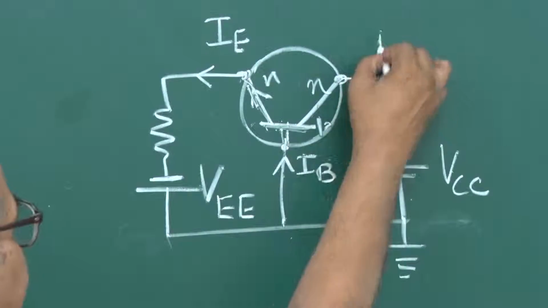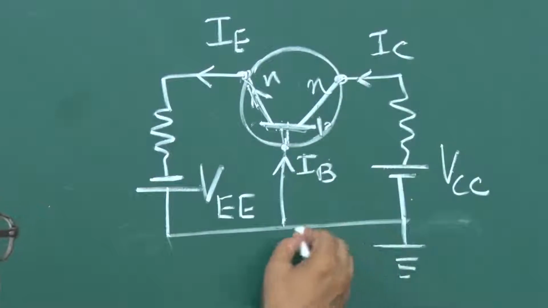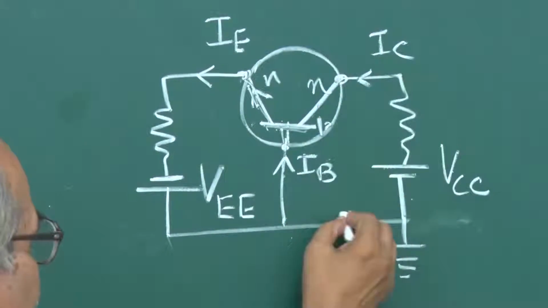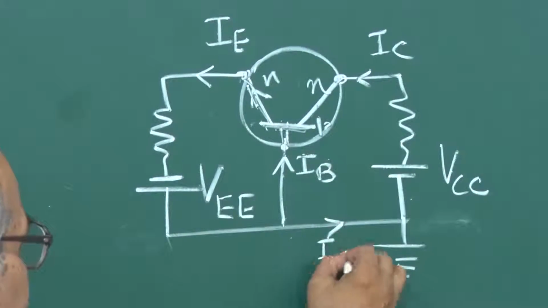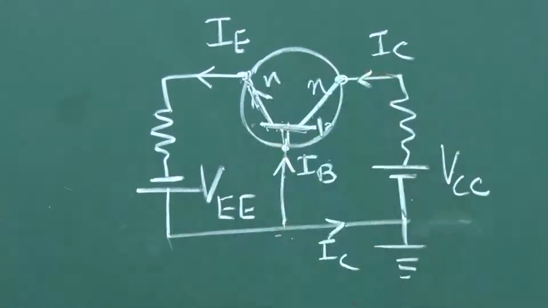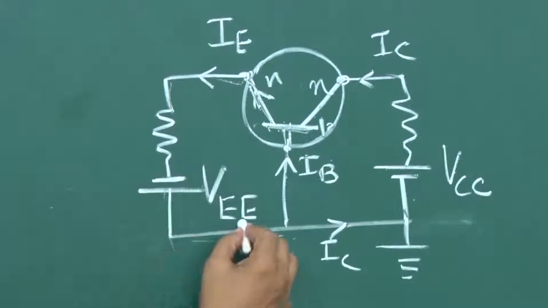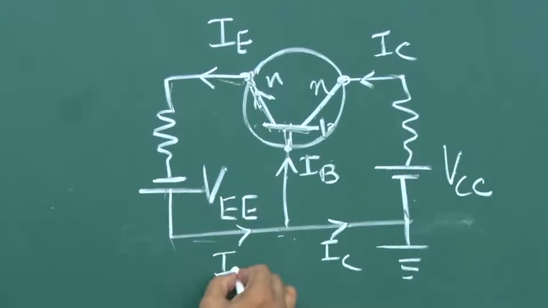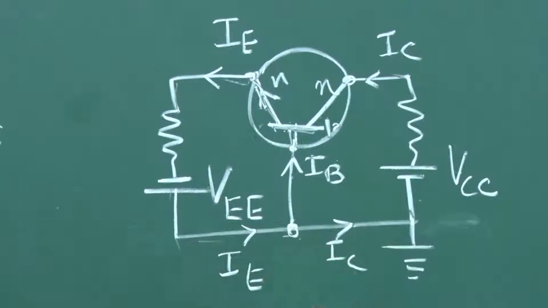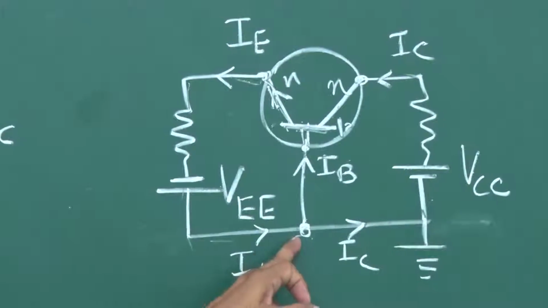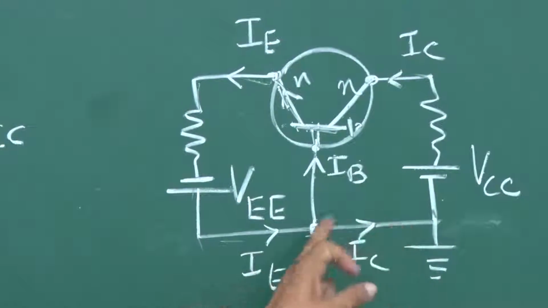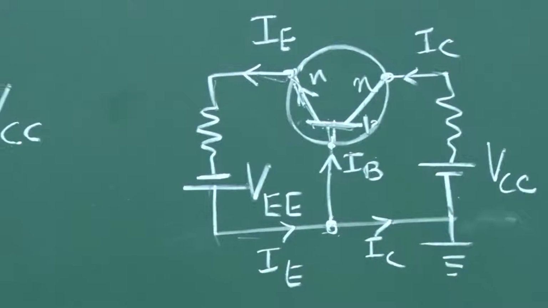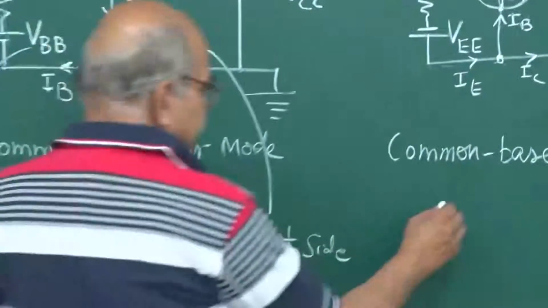What you see is that this IC current must have gone from here, because this is one series, and this IE is one series, so this IE will go like this. So once again you can see that IE is equal to IC plus IB, so the same IE equal to IB plus IC is there.